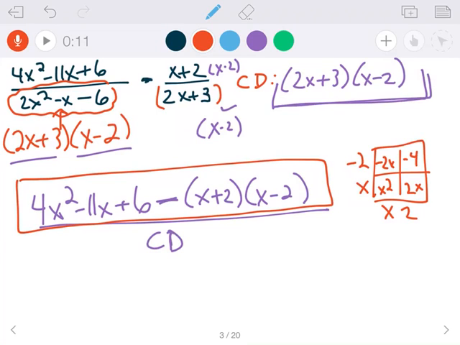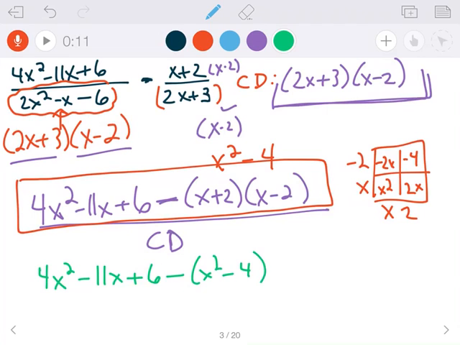When you multiply that out, and maybe you knew this because of the difference of squares idea, those two things multiply out to be x squared minus 4. So the new top of our fraction would be 4x squared minus 11x plus 6 minus (x squared minus 4) all over our common denominator.